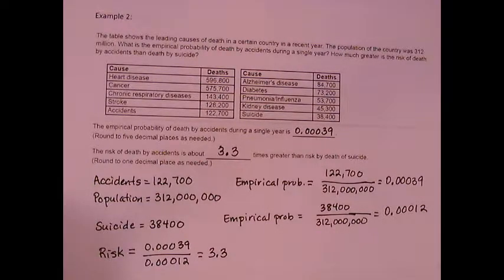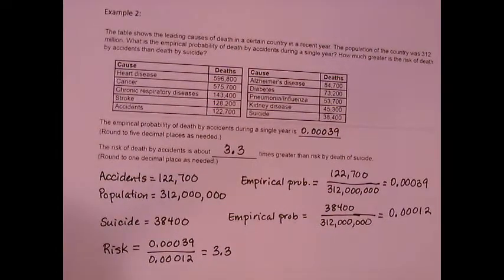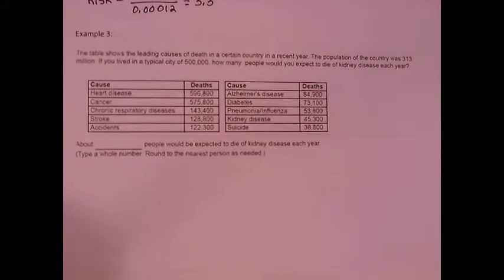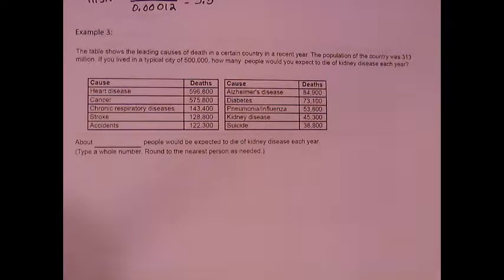Okay. Alright, here's another example that deals with the vital statistics. Here we go. The table shows the leading causes of death in a certain country in a recent year. The population of the country was 313 million.